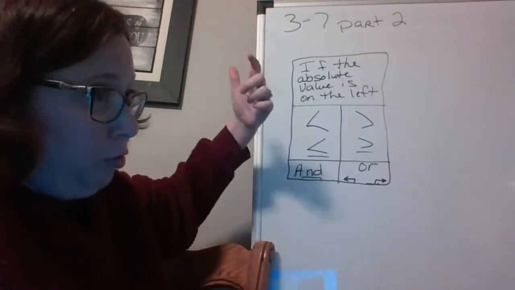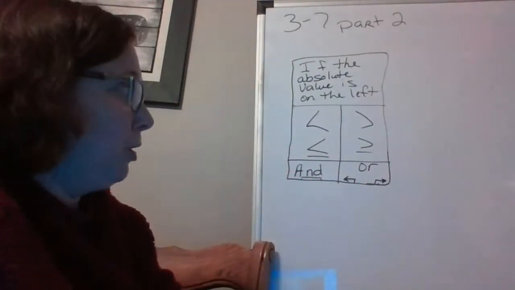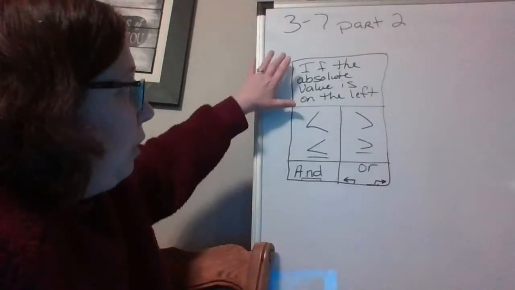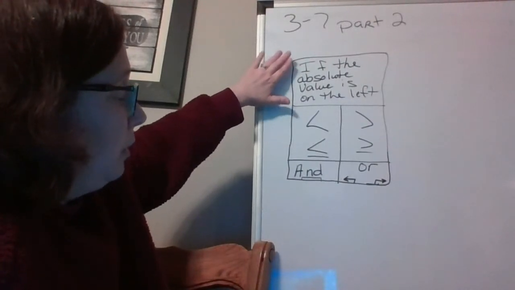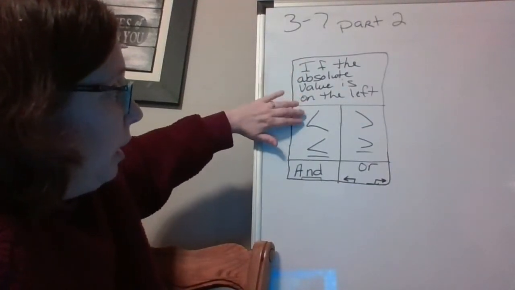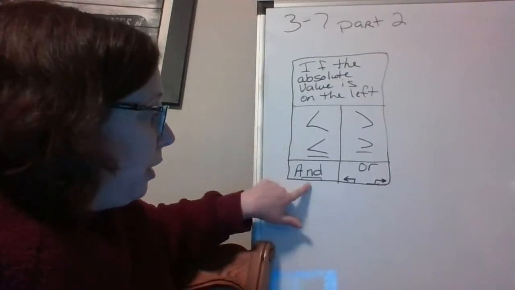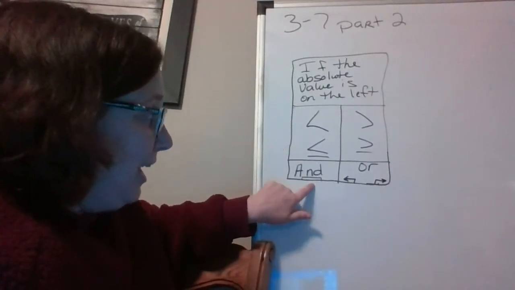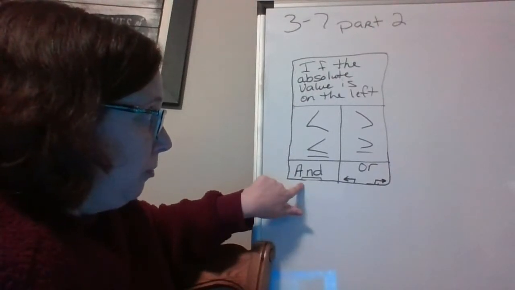Remember that you can move it if it's not, but if you're switching your sides around, remember to flip your inequality. If your absolute value is on the left of your inequality and you have a less than or a less than or equal to, then when you graph, you should have an and, which means they are going to meet in the middle.